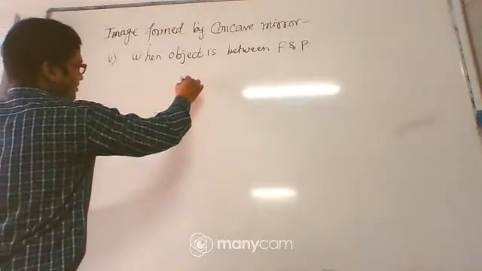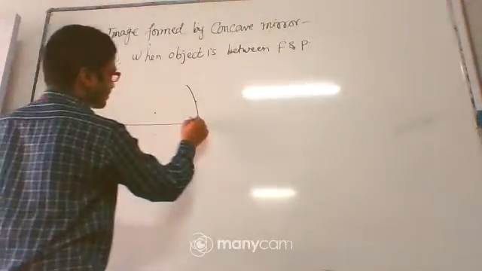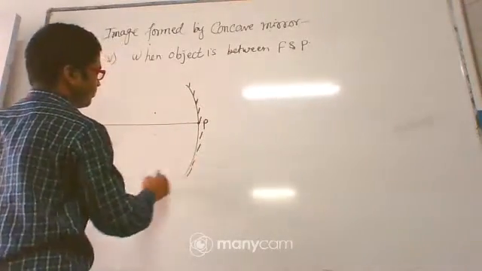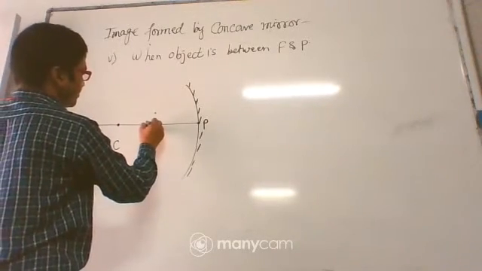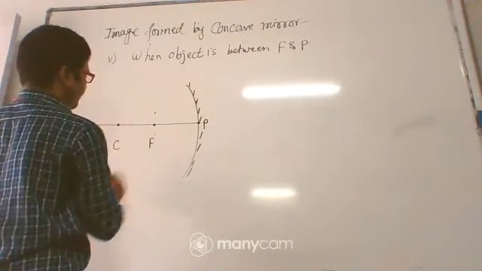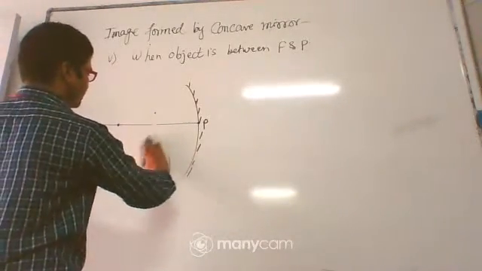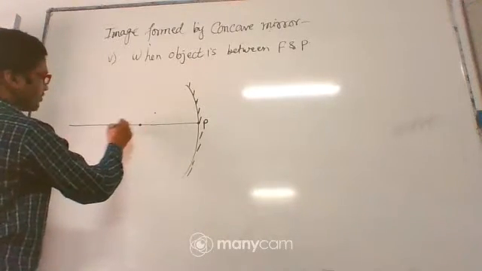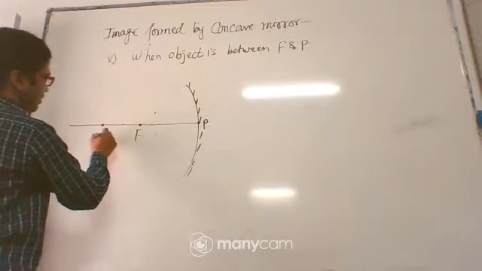So let's see, this is the concave surface, this is the principal axis, pole. Now the center of curvature is supposed to be here, this is the focus, right? Now the object is taken here, so let me take the focus at some large distance so that you can see the object clearly.